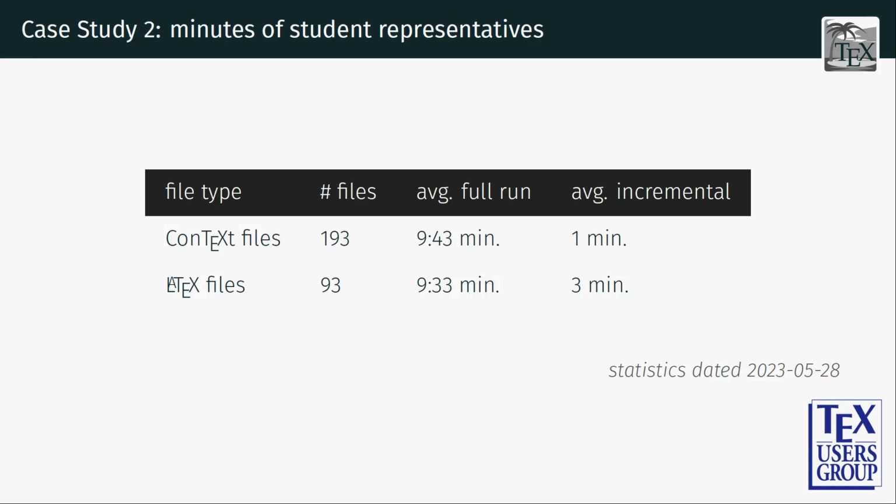And why I do mention it is the following. The repository we are talking about has about 200 ConTeXt files and about 100 LaTeX files. And if you look at how long it would take to do a full run, so translate every ConTeXt document and every LaTeX document, it's about the same time, although the number of files is quite different.